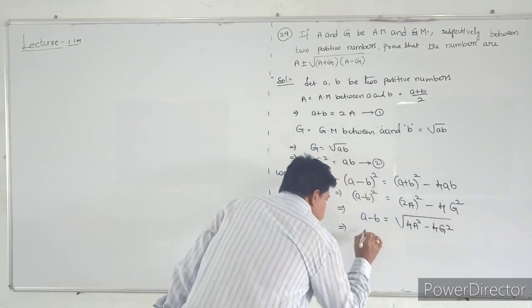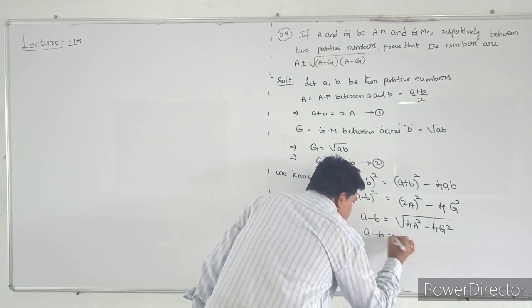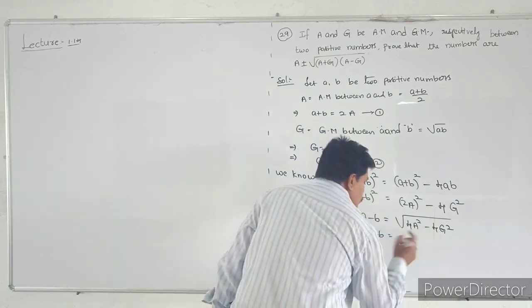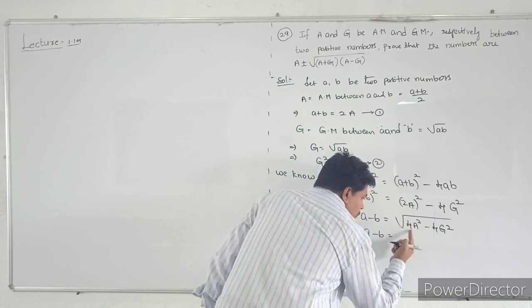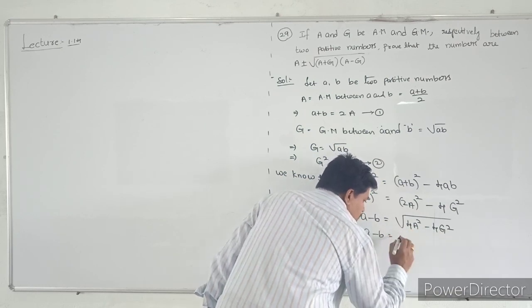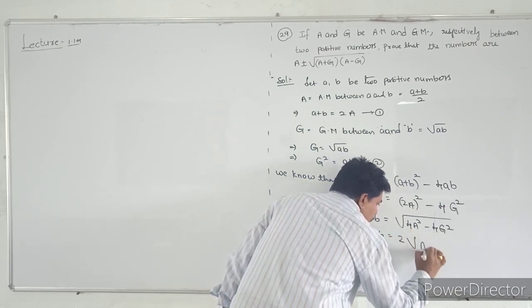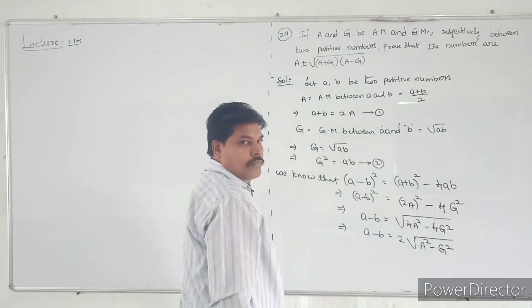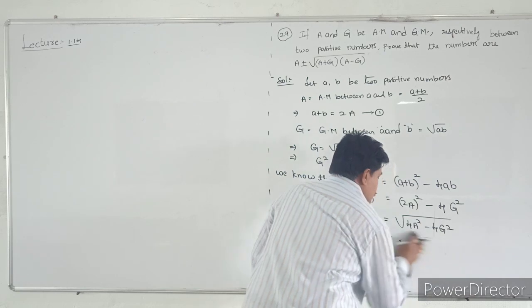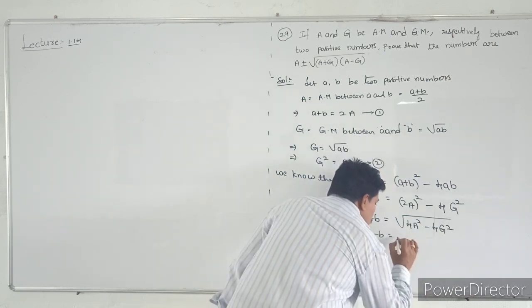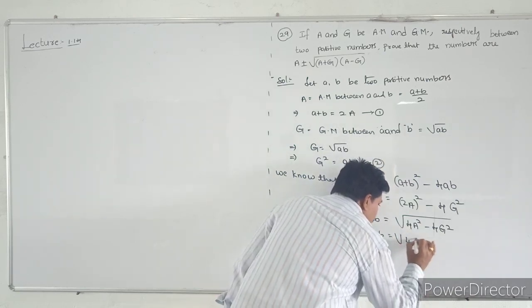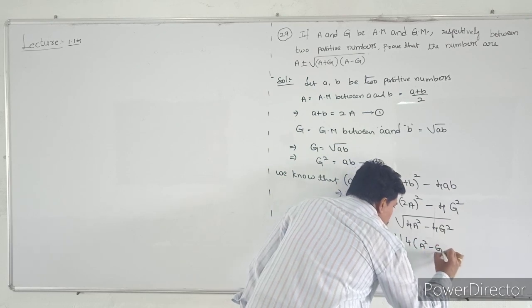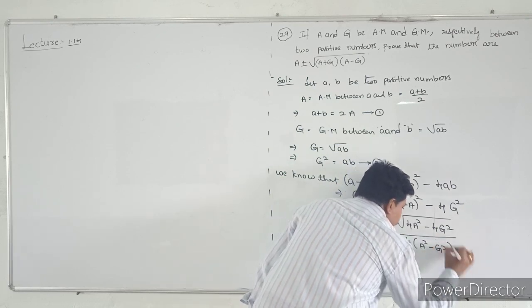So that implies A minus B is equal to, you can take the 4 common from both, and with the 4 outside it will become 2 into square root of A square minus G square. Otherwise you can write it like this, one more step: that is the square root of 4 into A square minus G square.